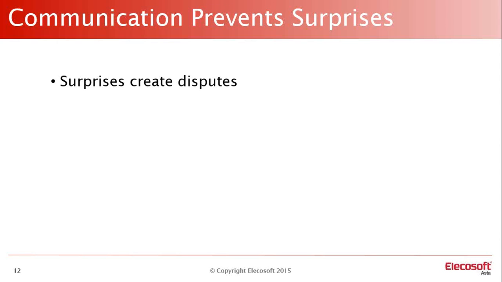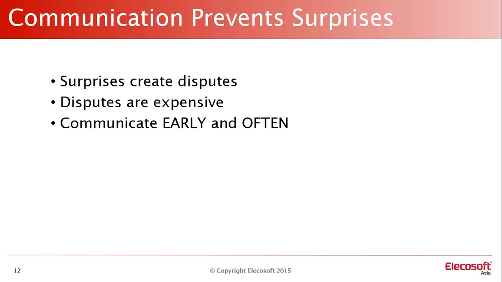This is really critical because good communication prevents surprises. And surprises create disputes, which we all know are very expensive. So it's important to communicate early and often, and communicate the why. And you do that with a schedule.